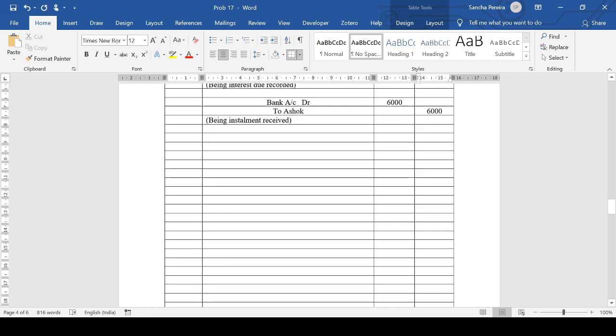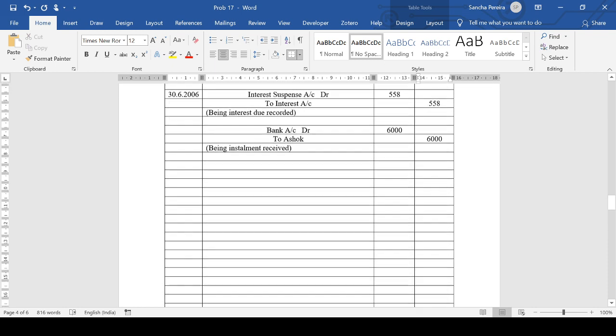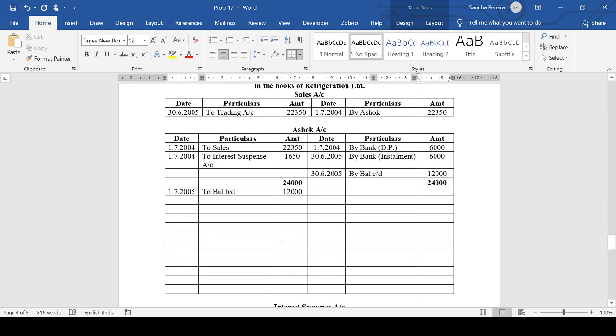Being installment received. Similarly, in Ashok's account, it will be by bank. 30th June 2006 by bank.